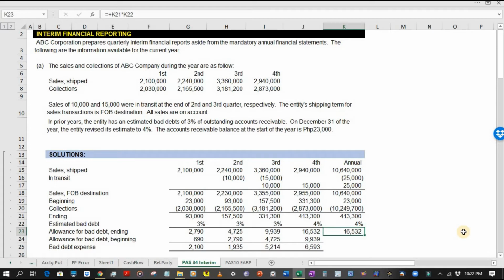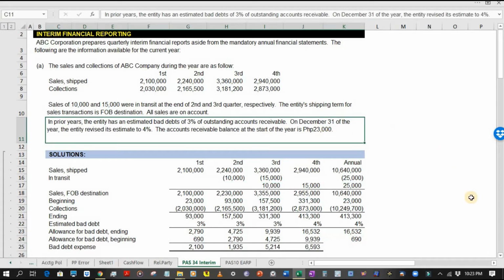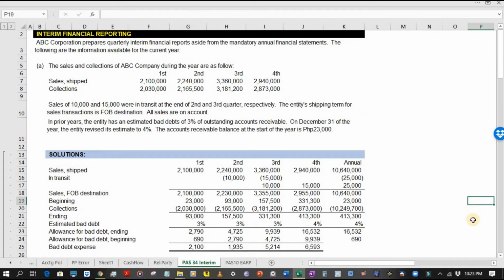And the beginning balance of allowance for bad debts, which is on January 1, is 690, which is the 3% of the 23,000 beginning balance of accounts receivable. So the difference is 15,842, which means that for the year, the bad debt expense that should appear is 15,842, which is the total of all bad debt expense that we have recorded in the 4 quarters of the current year.